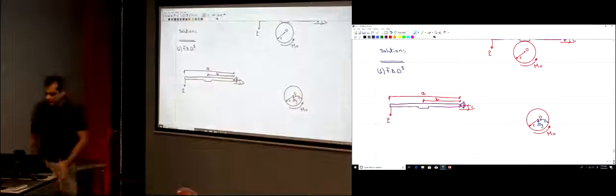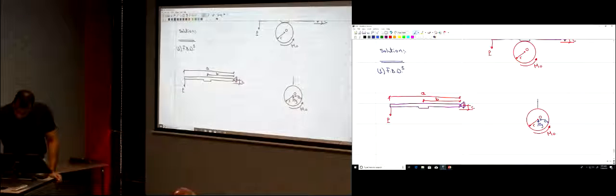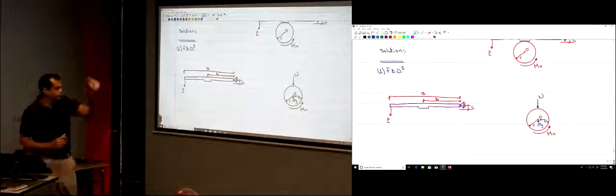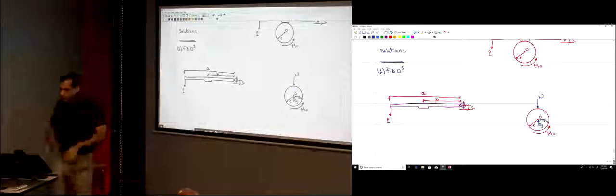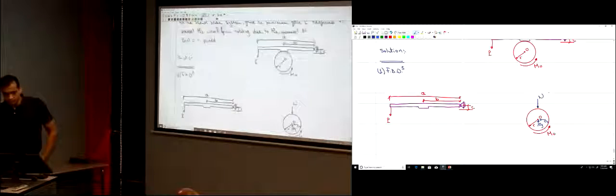So what do we have here? If it's a smooth surface, then we have N, okay? You're pulling here with P, so this will be converted to a normal force, pulling on the wheel here, okay?